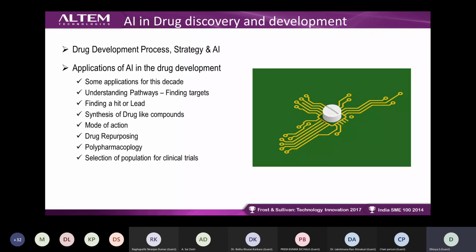Where all can we use AI in drug discovery and development. In the drug development process, we should have certain strategies that we are looking for. AI in drug development is very well known to us for its applications over the past decades. First of all, AI will help you to understand the pathways, how we can understand the metabolic pathways.